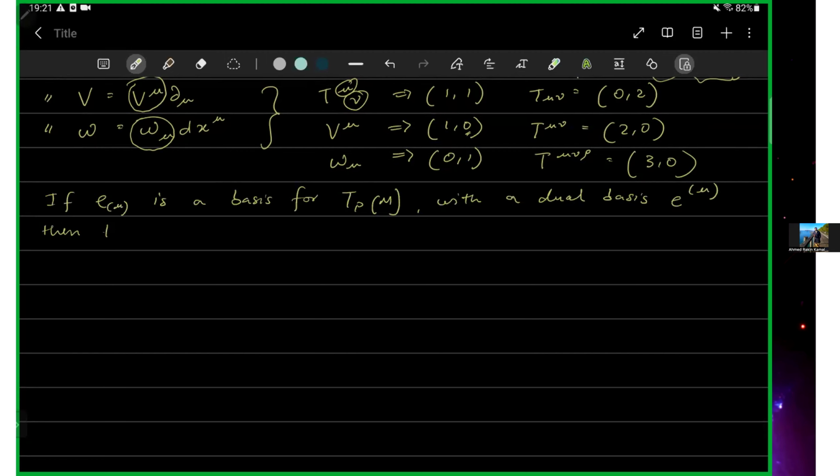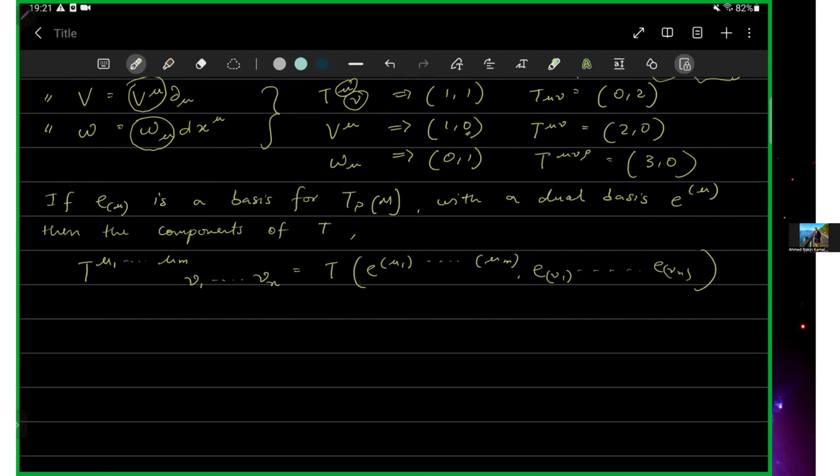Then you can write the components of the tensor T as mu1 going up to M, mu1 going up to, let's write this as N, and it would just be components of the basis vectors going up to M and the basis vectors going up to N in the following way, right?